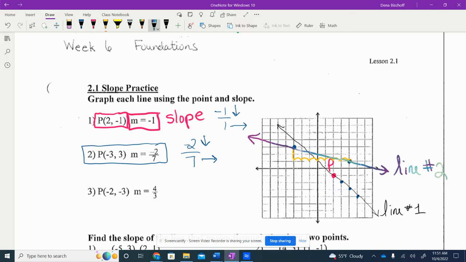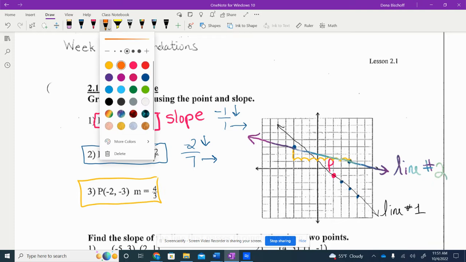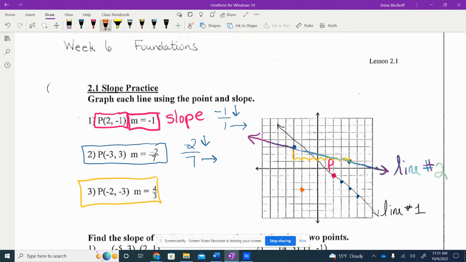Now I'm going to do number 3. So I begin at the ordered pair -2, -3. So when x is -2, y is -3. So this is where I'm starting, right down here. -2, -3. My slope, 4 over 3, means that I go up because it's positive, and we always run to the right.